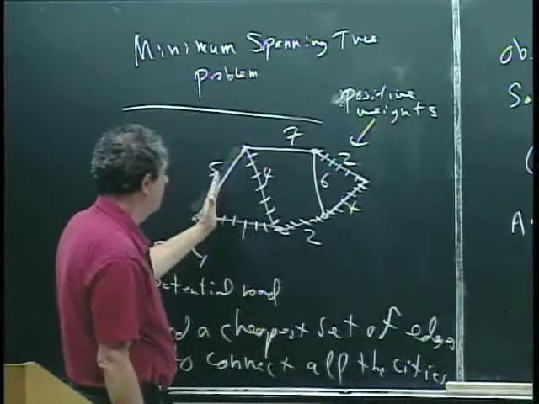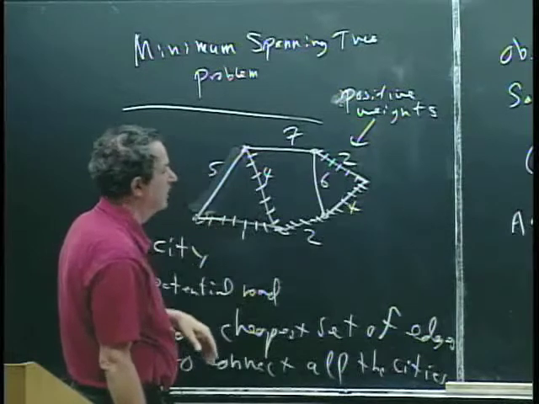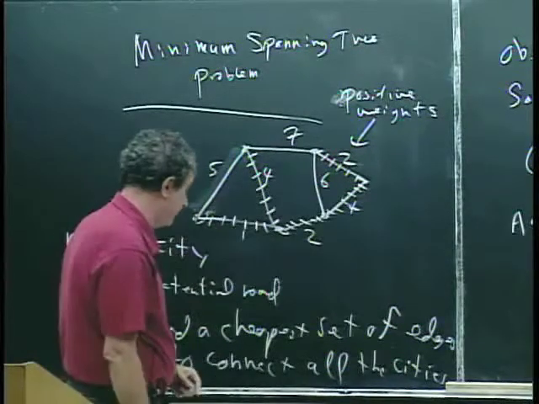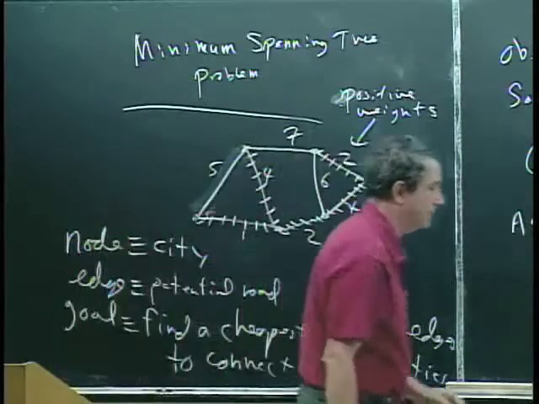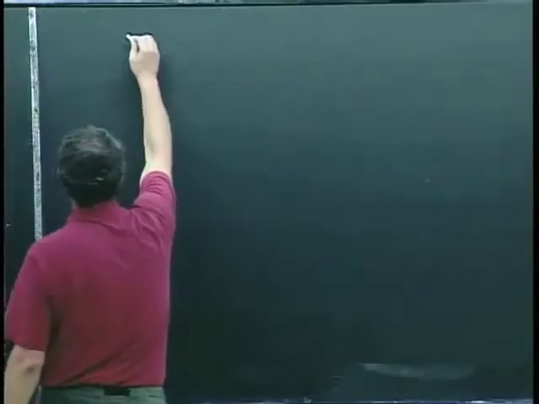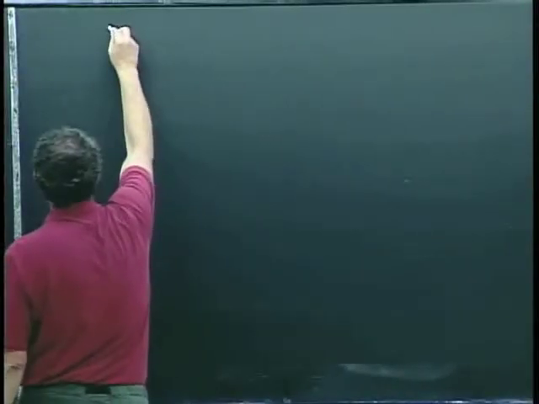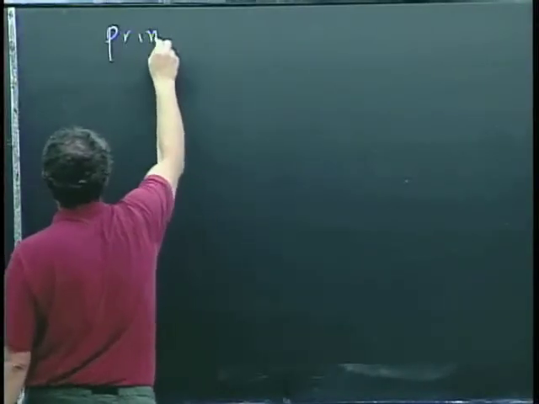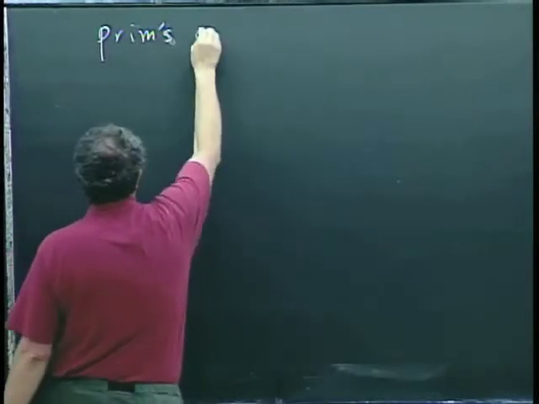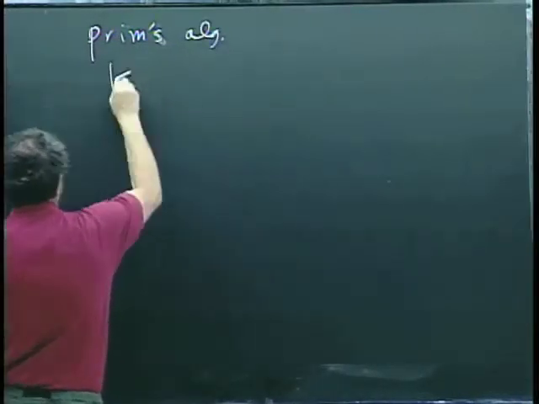And now we want to find an algorithm or several algorithms, analyze the running time and prove that they're correct, and all the usual things. Okay, so we're in fact going to look at two algorithms. One is called Prim's algorithm. And one's called Kruskal's algorithm.